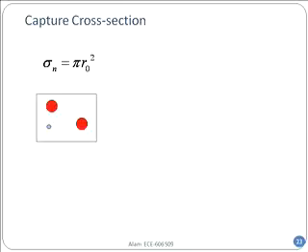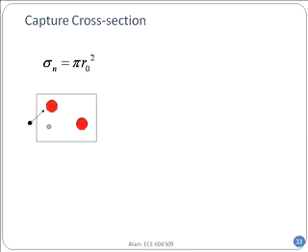So if I put r naught on the order of 5 to 10 angstrom, then you can immediately realize that this value is going to be on the order of 10 to the power minus 14 centimeters square. Do you see that? 10 angstrom is 10 to the power minus 7 centimeter, r square is 10 to the power minus 14 centimeters square, right?